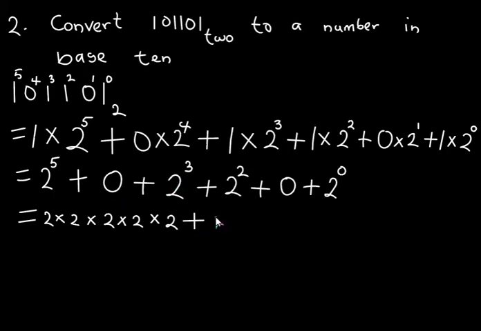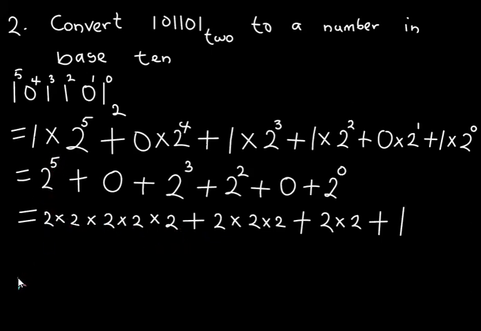So plus 2 times 2 times 2, then plus 2 times 2, and plus 0 is absolutely out, then plus 2 raised to the power of 0 is what? 1, from laws of indices. So you can check my video on that. Laws of indices, you understand that 2 raised to the power of 0 is 1, and 2 raised to the power of any number is multiplication of the base 2 here into that number of places.